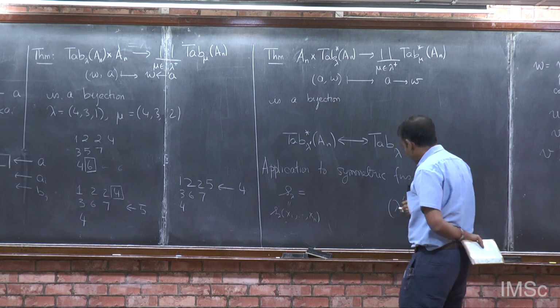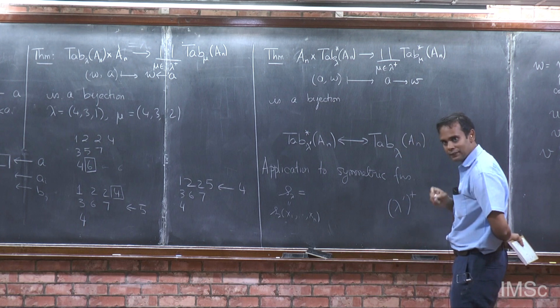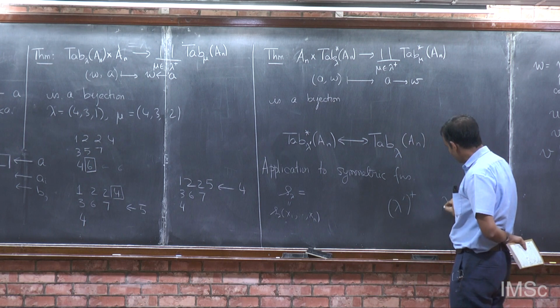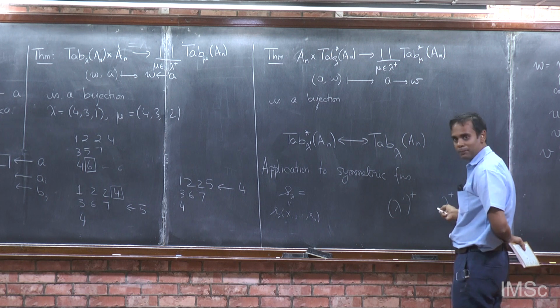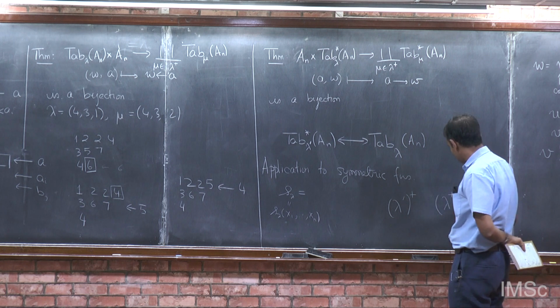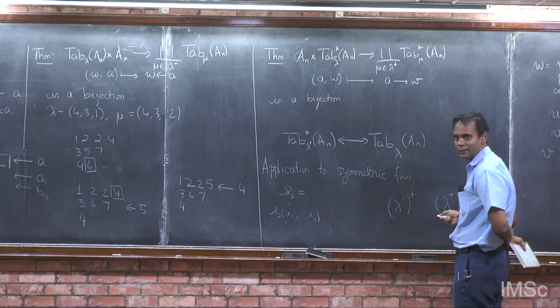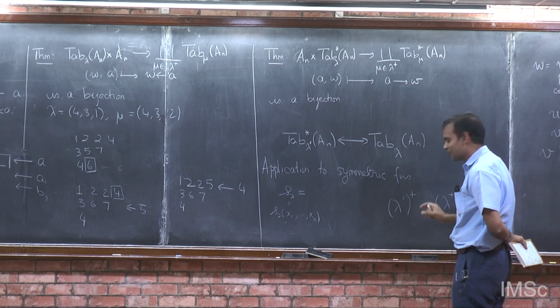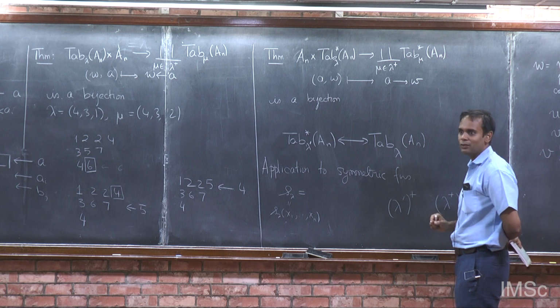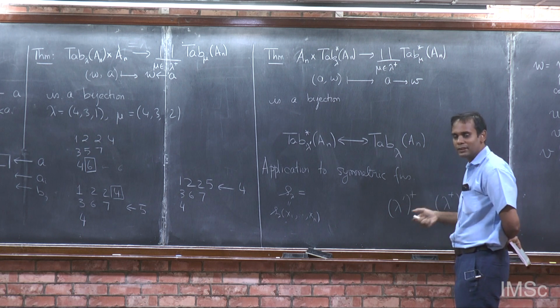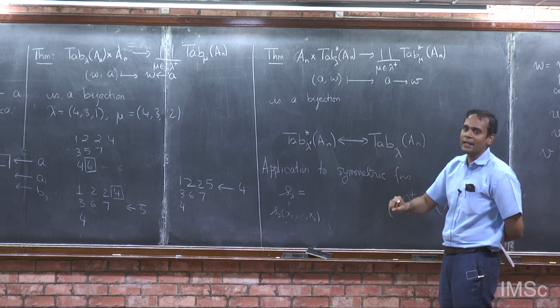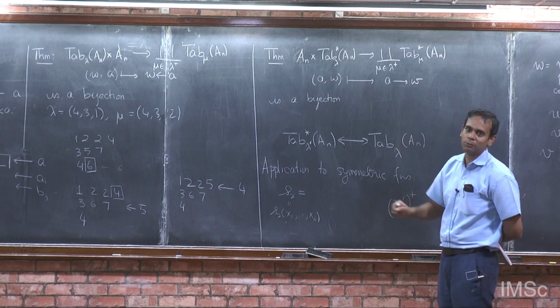That means you are adding a box to lambda dash. Otherwise, you could take one of these mu in lambda plus and take its dash. It is the same whether you first conjugate and then add a box, or you first add a box and then conjugate, because you just add the box in the conjugated position instead.